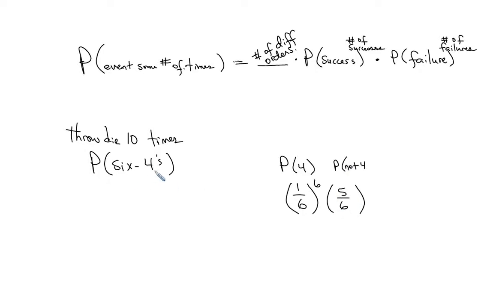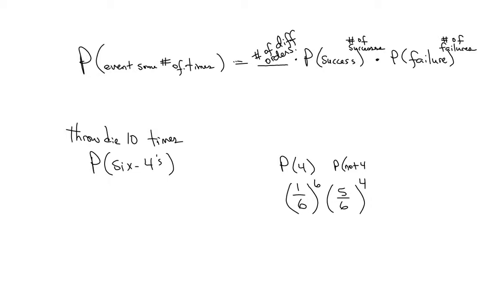And if we're getting 6 successes, then how many failures are we getting? 4. We need 4 failures, right? Because we're throwing the die 10 times. So if we want exactly 6 successes, that means we need exactly 4 failures, right? If we only have 3 failures, then we didn't get 6 successes. We got 7. So if we want 6 out of 10 successes, we need 6 successes and 4 failures.